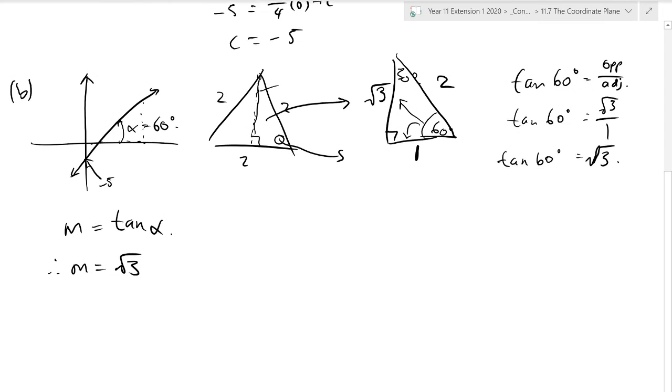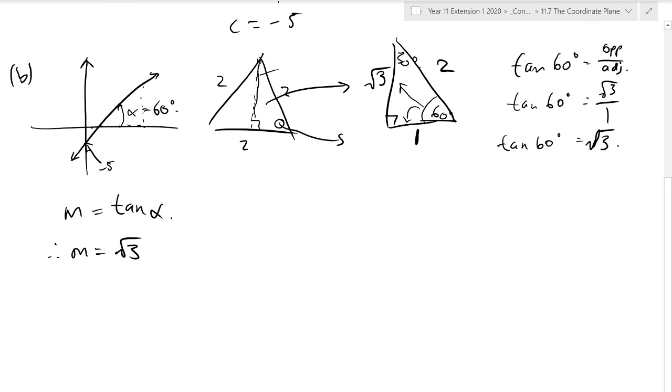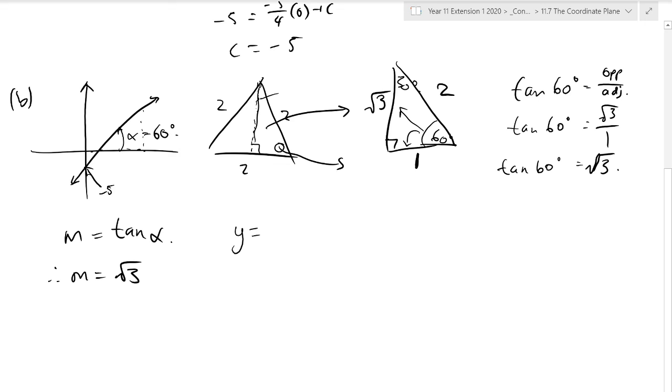Now when I put these into my equation, y is equal to mx plus c. I know what my gradient is. y is equal to root 3 x plus c. And we're allowed to have square roots of 3 as our gradients. There's nothing stopping us from doing that. With this square root of 3 now, I can use my other point, my c, which is 0, negative 5.